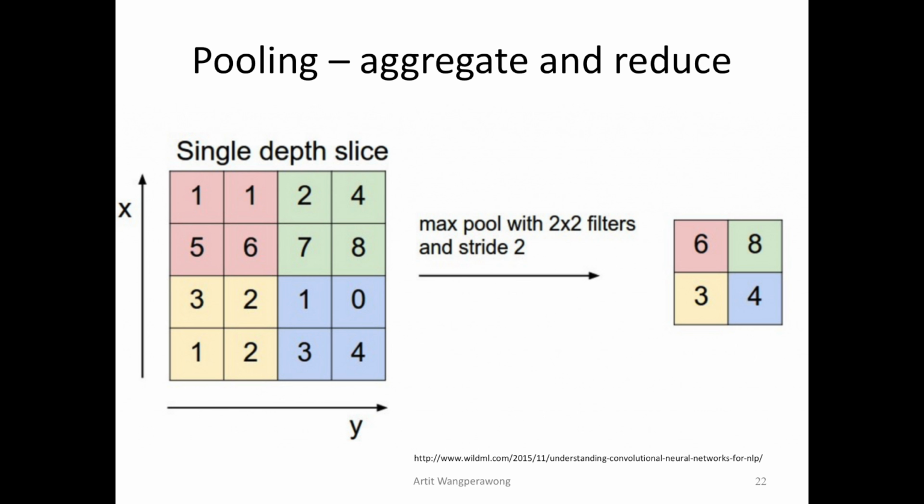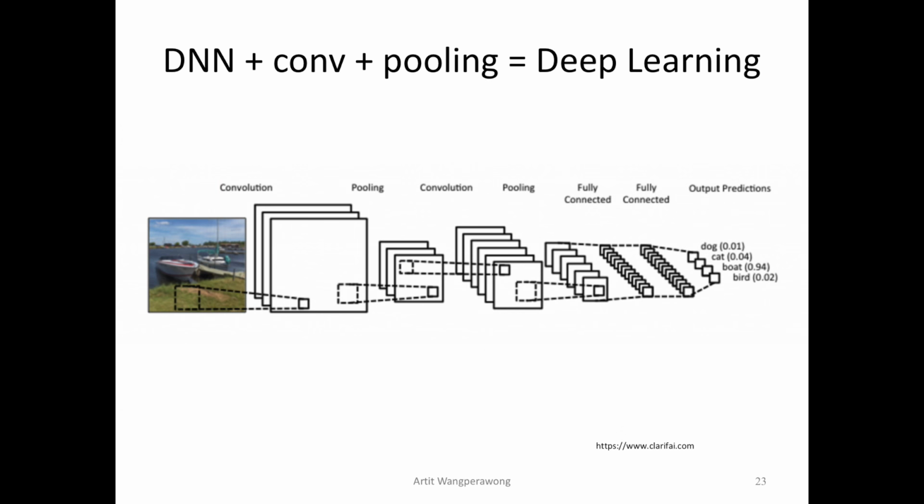And then you can go on and so forth. The next, if you take another stride of 2 pixels to the right, then you look at 2, 4, 7, 8. The biggest one is 8. So then you take 8 and you move that onto the next layer. And using the deep neural network that is in the 2D formation of the image, you add convolution to that, and you add pooling to that. That's really what deep learning is.